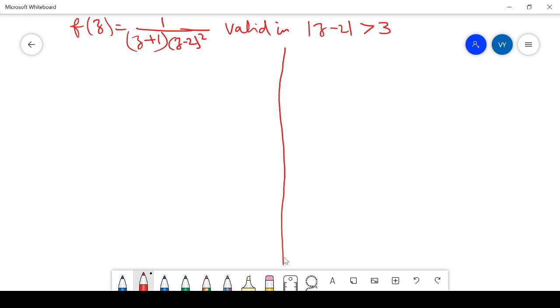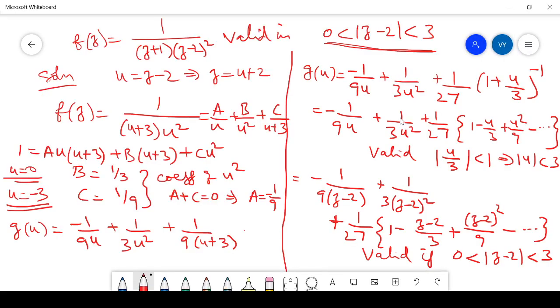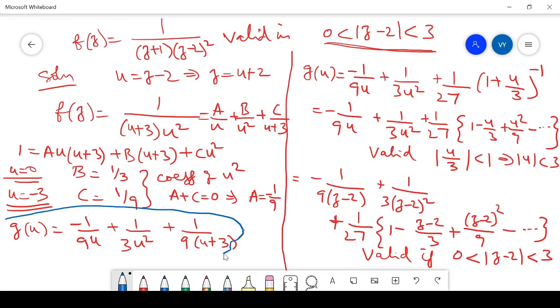So now what I will do is use the term g of u, which will be minus 1 by 9u plus 1 by 3u square plus 1 by 9 into u plus 3. I will be using this for the third part, because anyhow the expansion that we used in the second part is z plus z minus 2. I am going to use the same thing.